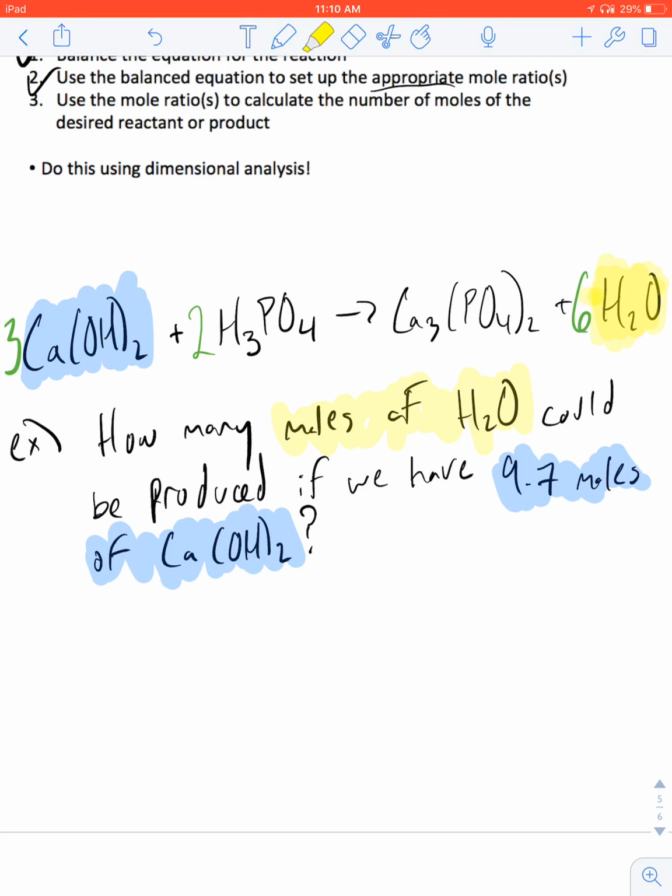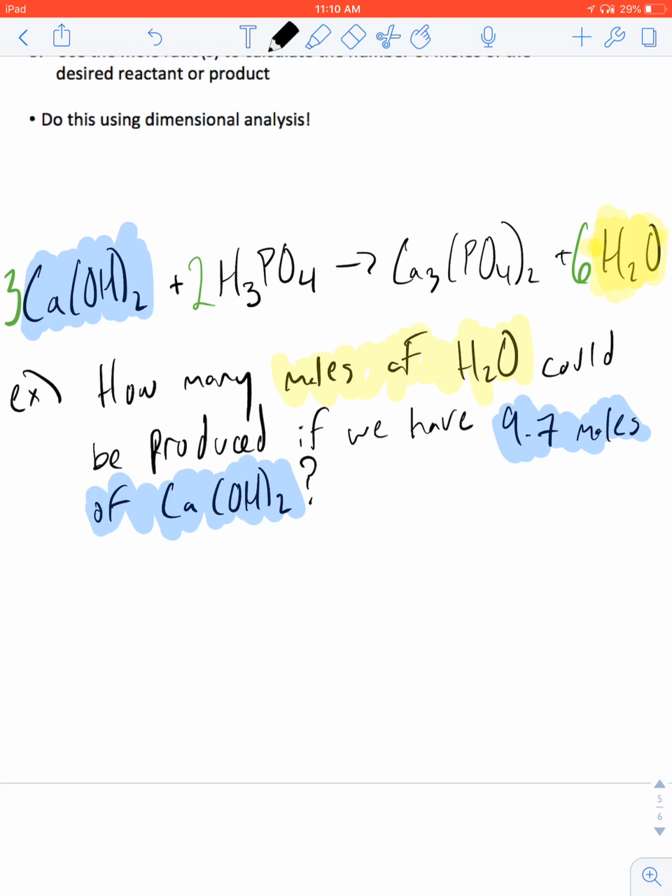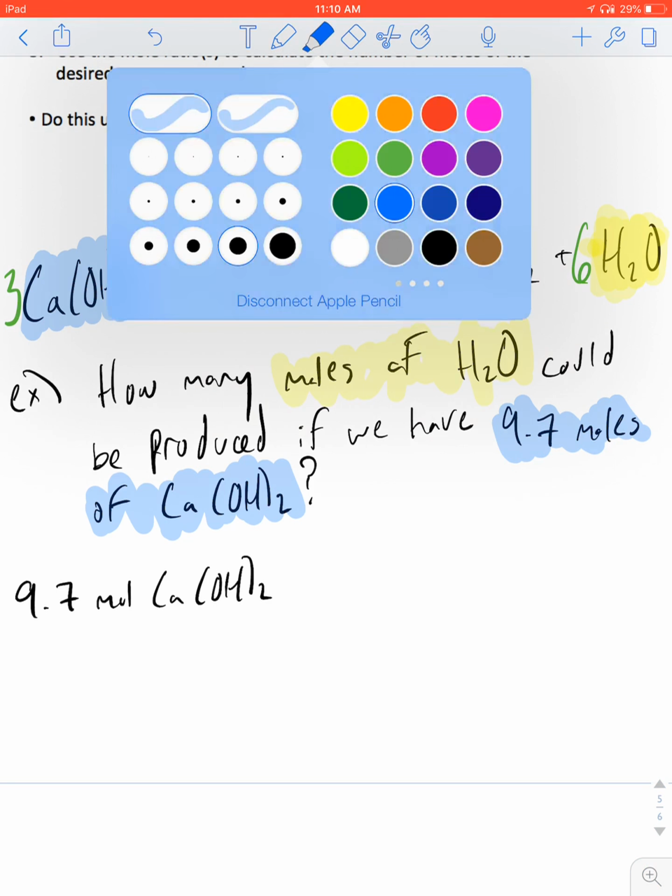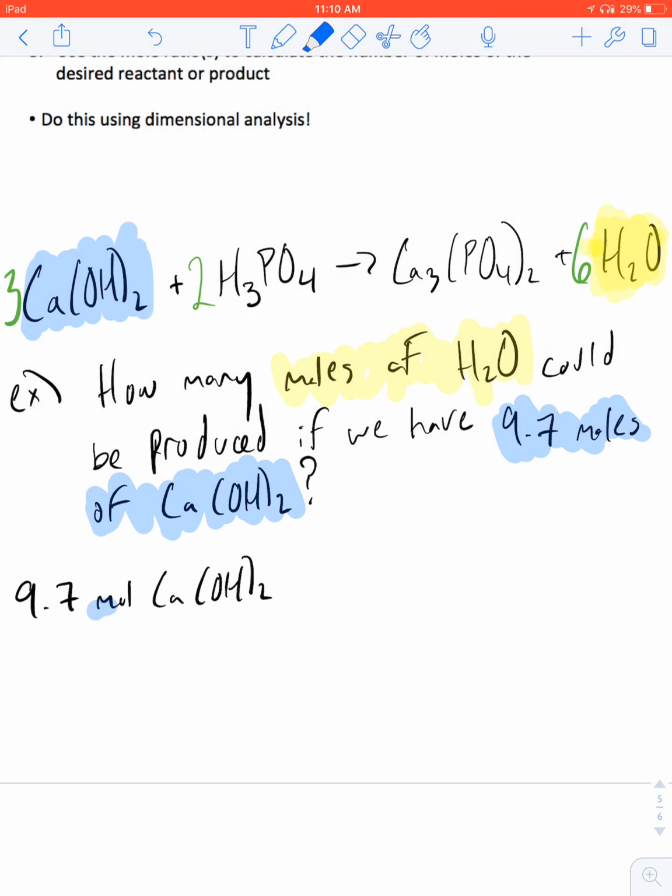So we have a starting point and an ending point. Wonderful. So like I said, we're starting with 9.7 moles of calcium hydroxide. And I think that is a blue highlighter. And we want to end up with moles of H2O.